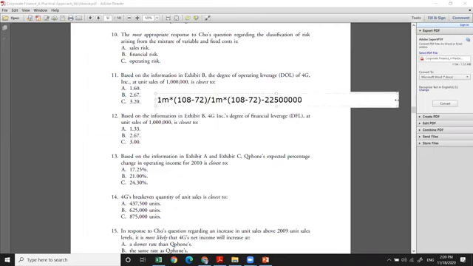And if you calculate, it should give you 2.67.